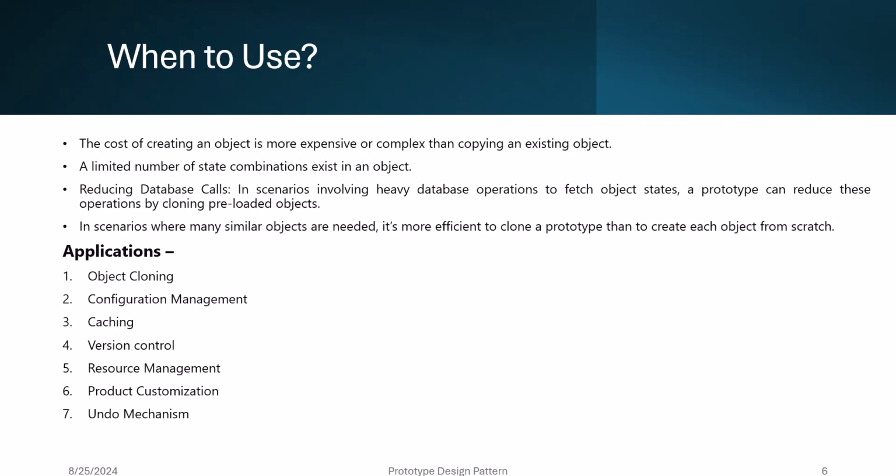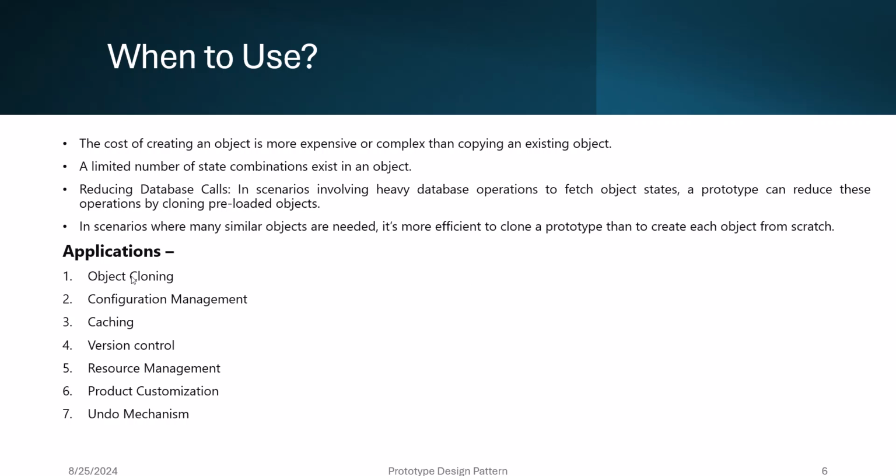Some of the applications of the prototype design pattern are, first, object cloning. One use case for object cloning is when you need to create an exact copy of an object, especially if the object has a complex construction process, or if creating it from scratch is expensive.